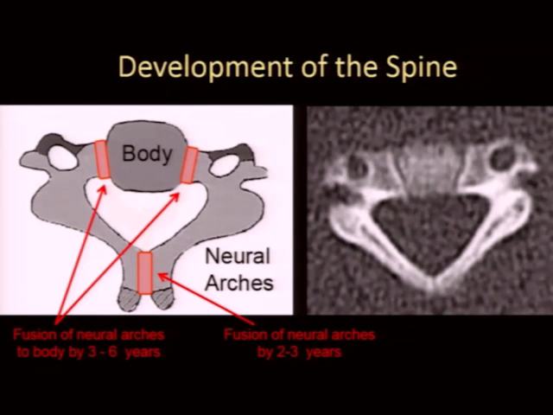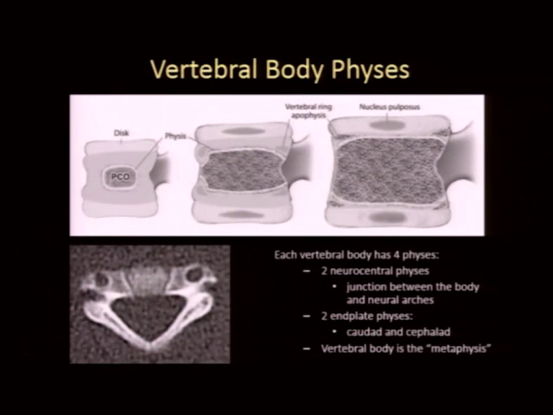In addition, there are points of vulnerability in the spine, so they're also vulnerable to injury. We have secondary ossification centers along the anterior aspect of the transverse foramina, as well as at the tips of the spinous processes. The vertebral body itself has 4 growth plates.